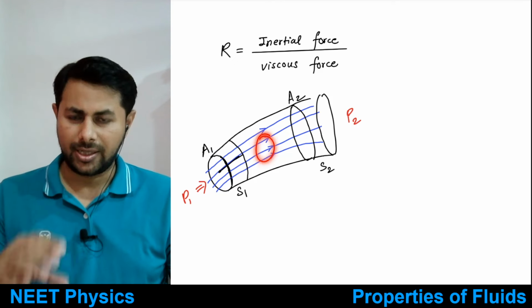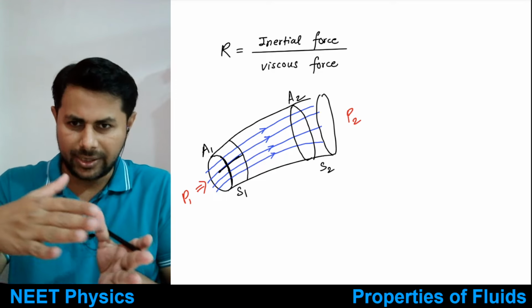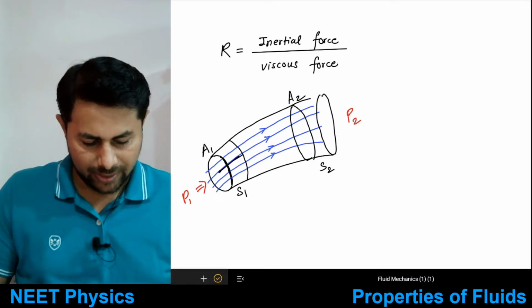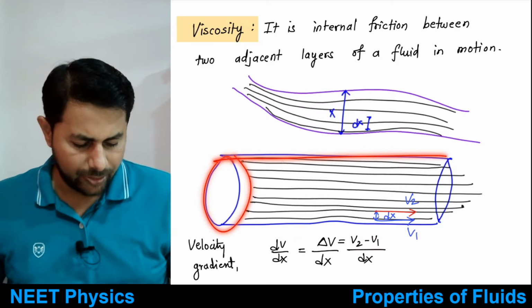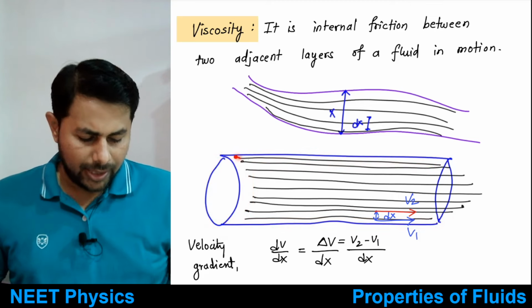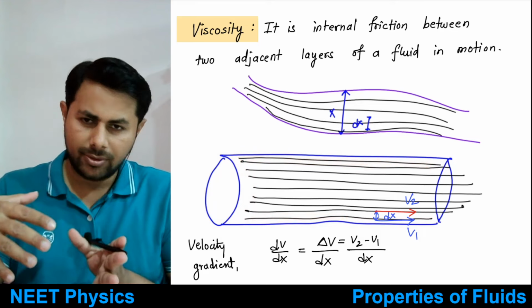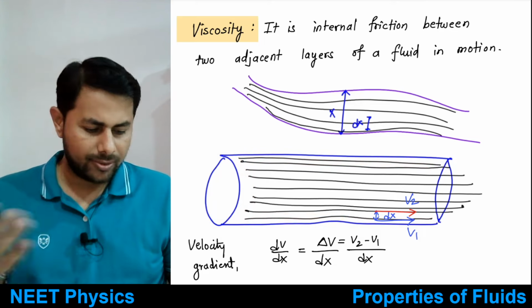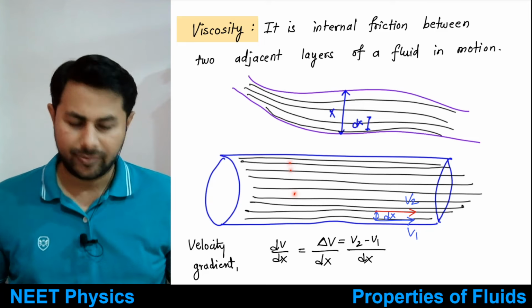Then the layer which is in contact with that layer. So as you go inside the pipe, what happens? I have a picture for that. So now consider the flow of fluid here. The layer of fluid which is in contact with the pipe moves with the lowest velocity. It is slowest. Then as you move inside, what happens?